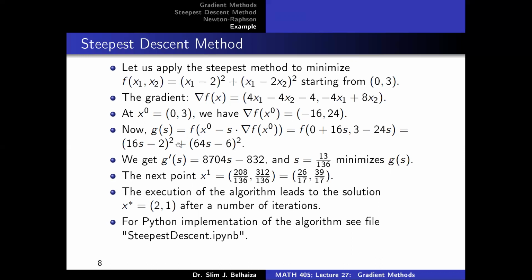If we differentiate g of s, we get the first derivative, which is 8704 s minus 832, which means that s is equal to 13 over 136. It minimizes g of s. And the next point after updating becomes x1, which is 26 over 17, 39 over 17.